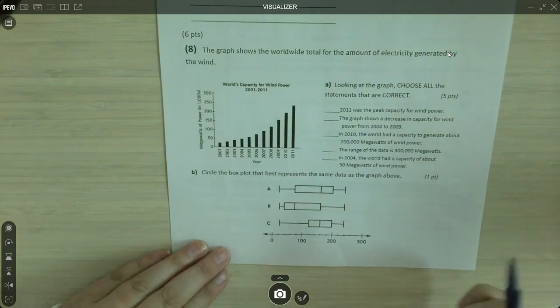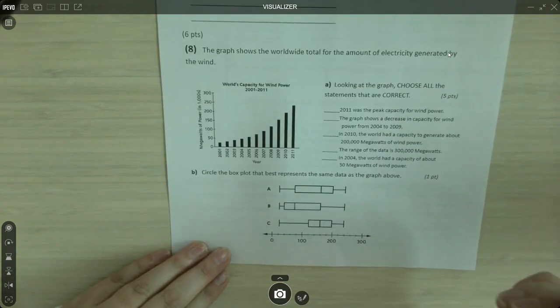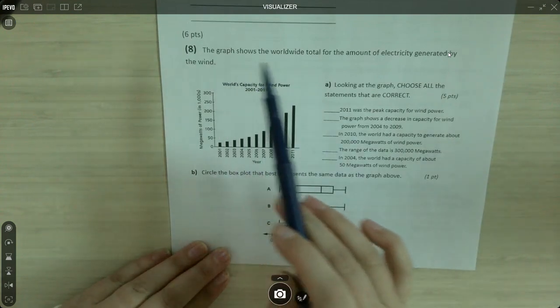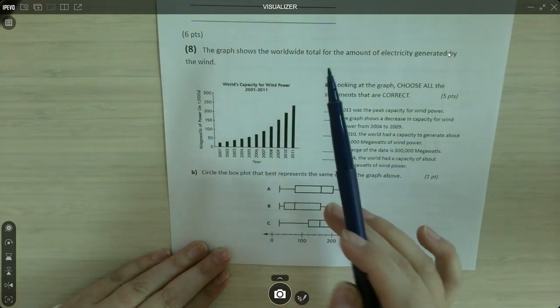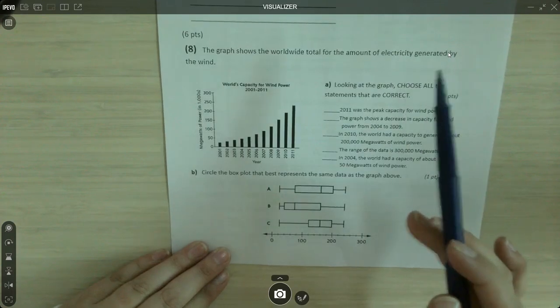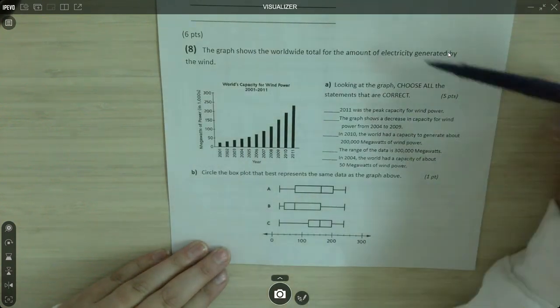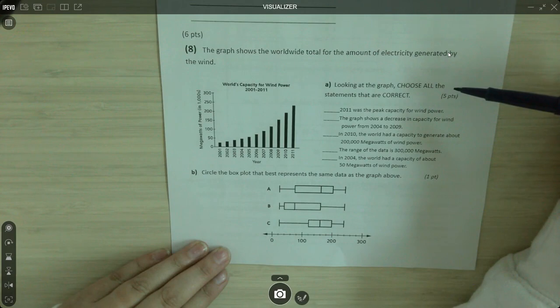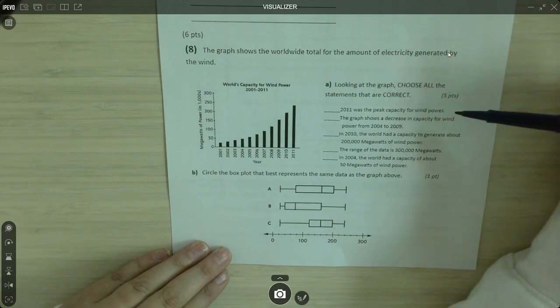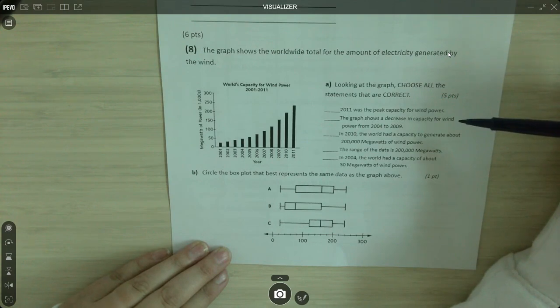Okay, then question 8 on the back right here says the graph shows the worldwide total for the amount of electricity generated by the wind. Looking at the graph, you're going to choose all of the statements that are correct. So 2011 was the peak capacity for wind power. The graph shows a decrease in capacity for wind power from 2004 to 2009.